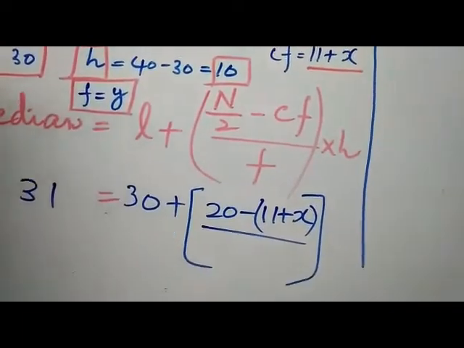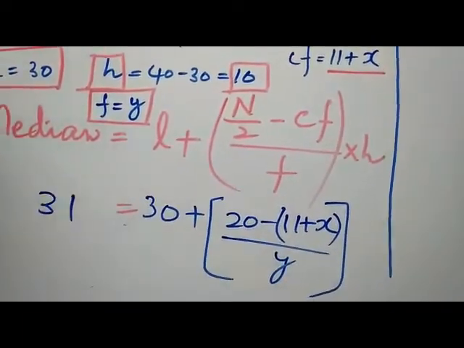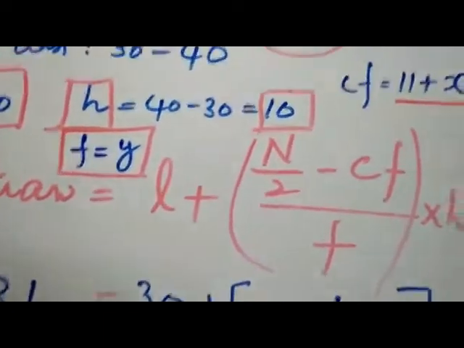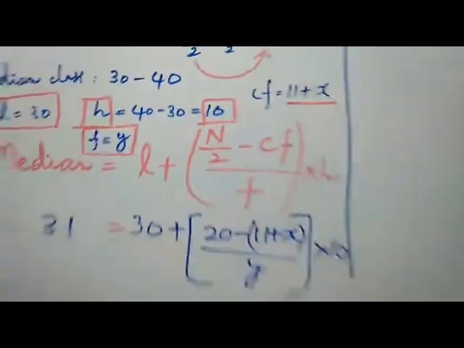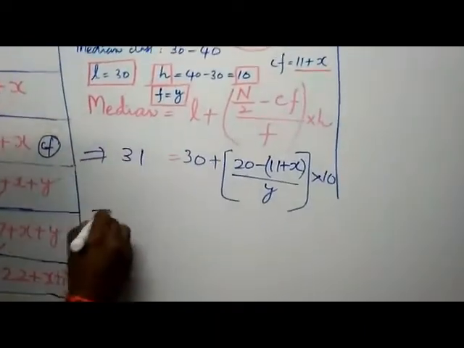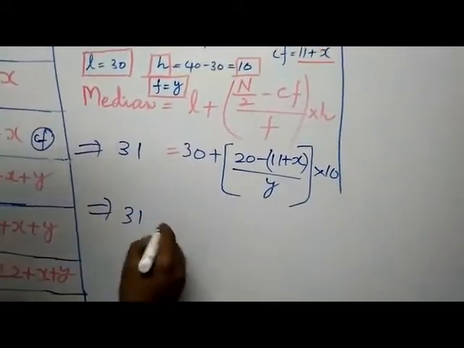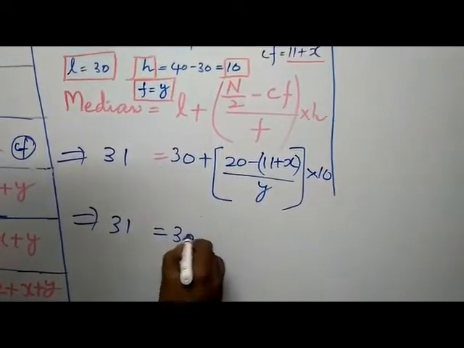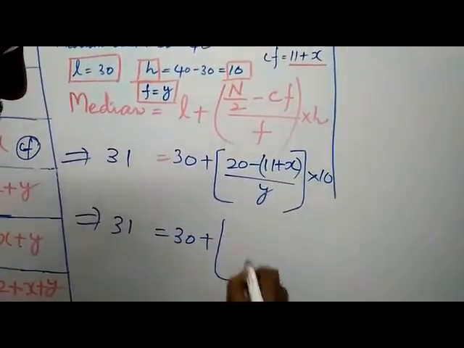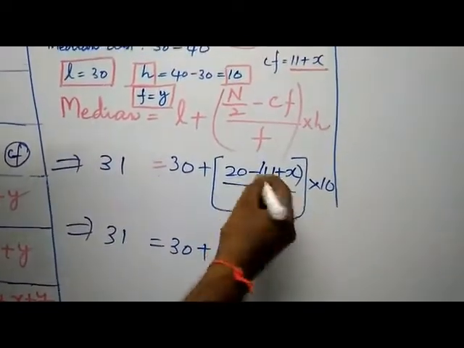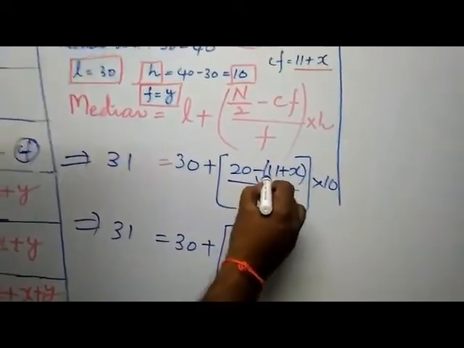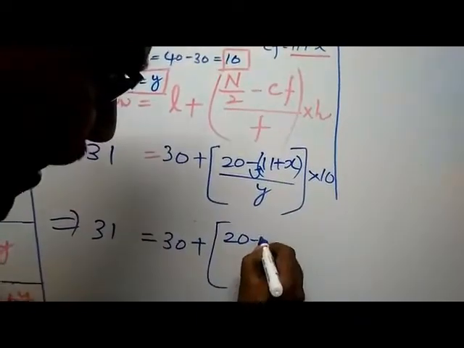By F, F is equal to Y, H is equal to 10. That implies 31 is equal to 30 plus 20. The sign for 11 is plus, because of this minus, this plus will be minus, minus 11.